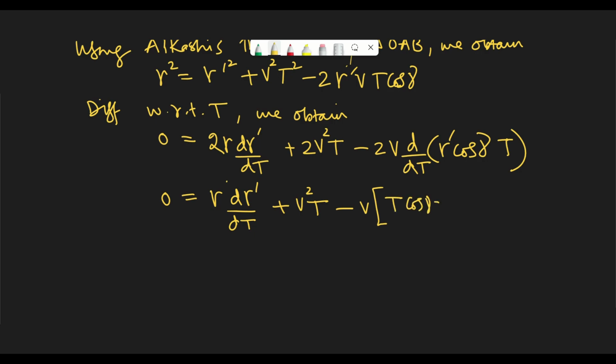T cos gamma dR prime over dt plus R prime d by dt of T cos gamma.